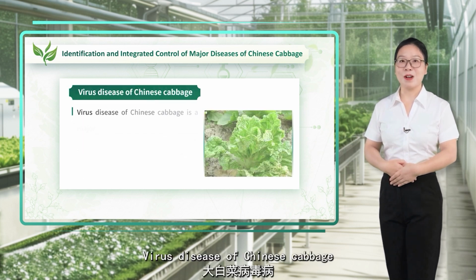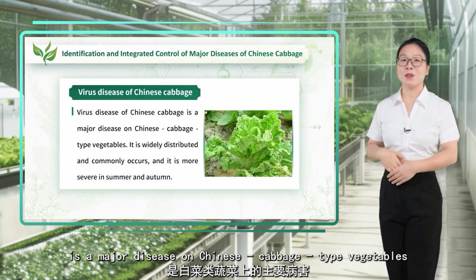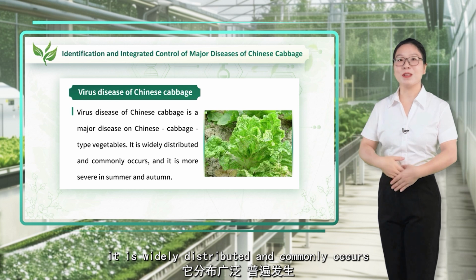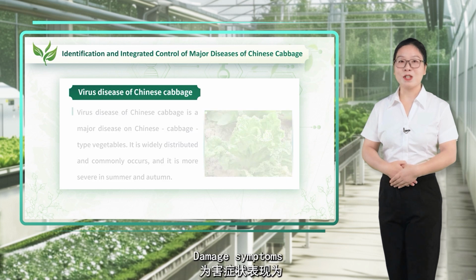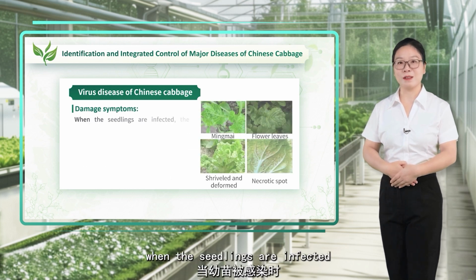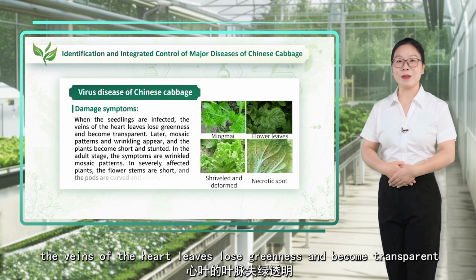Virus disease of Chinese cabbage is a major disease on Chinese cabbage-type vegetables. It is widely distributed and commonly occurs, and it is more severe in summer and autumn. Damage symptoms: when the seedlings are infected, the veins of the heart leaves lose greenness and become transparent.